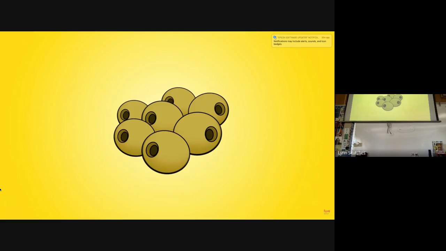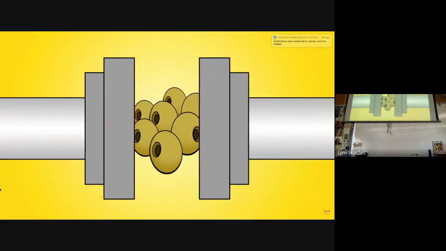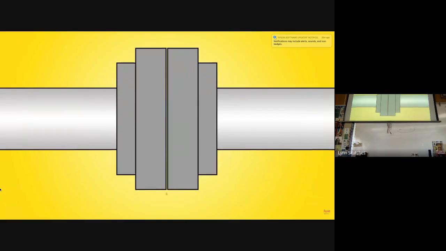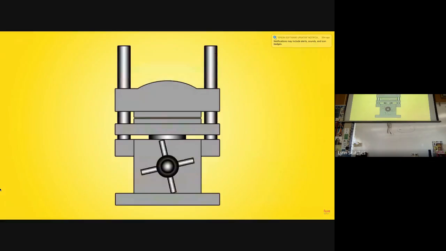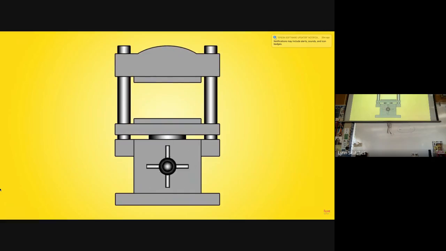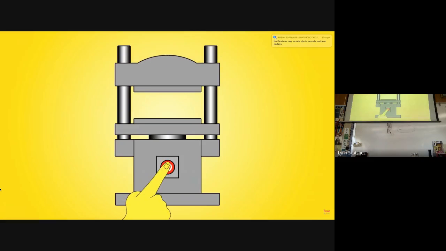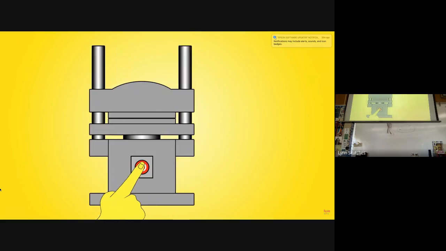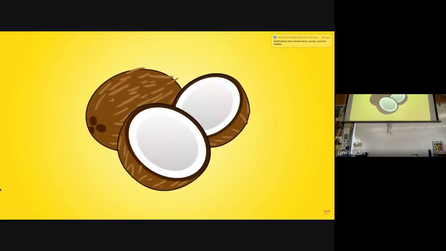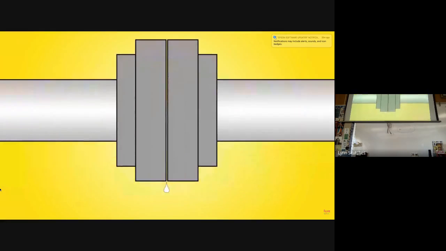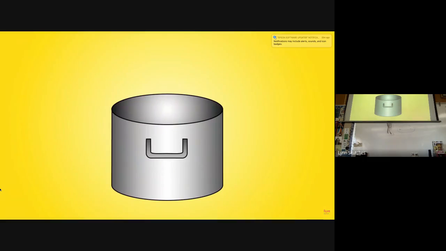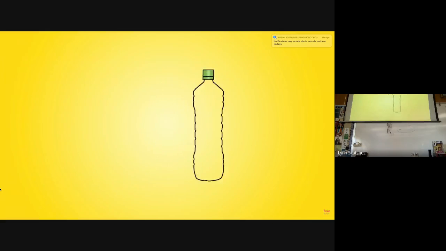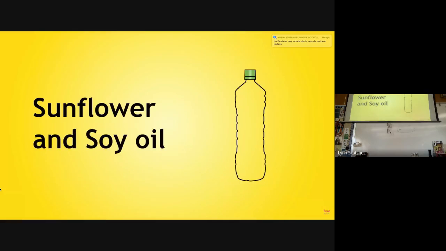This method is also known as cold pressing. The olives are crushed and pressed to squeeze all the oil out. In the past, these heavy machines were operated by humans. Nowadays, most mechanical extraction is done in a factory by machines. Coconut oil is also obtained using this method. Note that these oils are essential cooking ingredients in certain parts of the world. Some plant oils, such as sunflower oil and soy oil, are obtained by distillation.